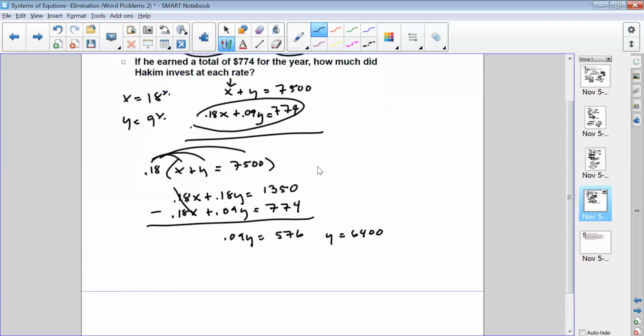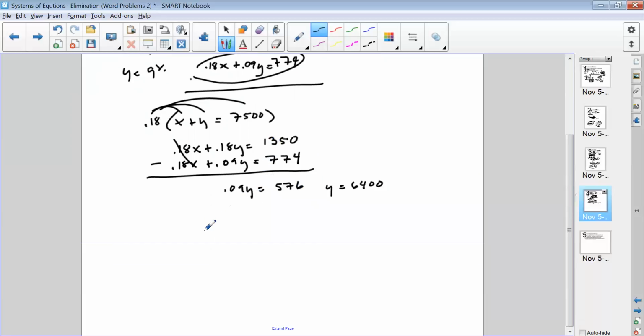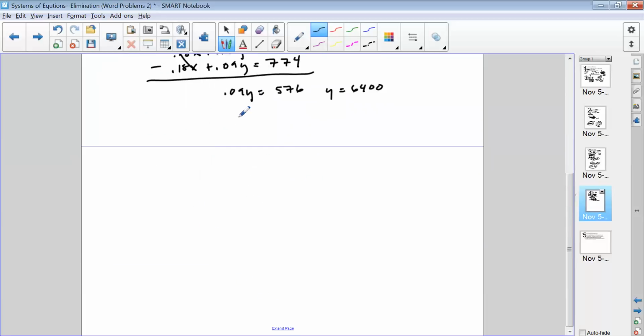Now, what does that mean? That means that there was 6,400 invested in the 9%. So the remaining would be our original equation, which was X plus Y equals 7,500. So X plus 6,400 is equal to 7,500. And when you subtract, you get X to equal $1,100.